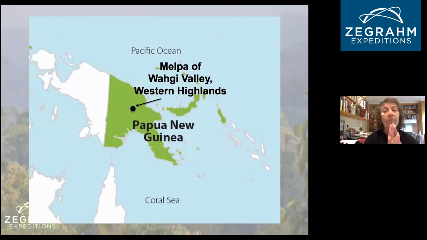Moving to the Melpa of the Wahgi Valley, which lies 16,000 feet higher than the Sepik river basin, making it considerably cooler and relatively mosquito-free. The valley is home to the Melpa language-speaking people and has one of the largest population densities in the whole island of New Guinea.